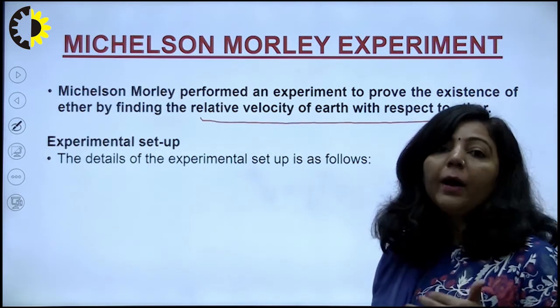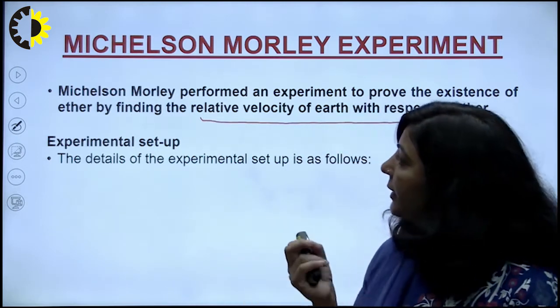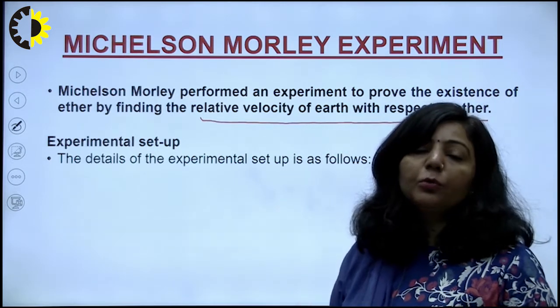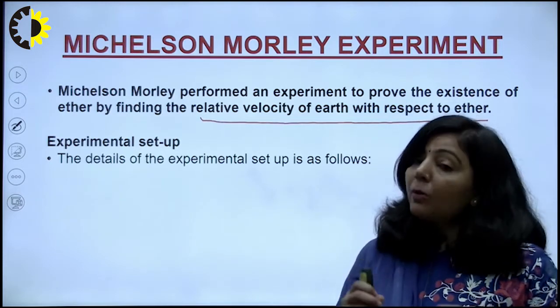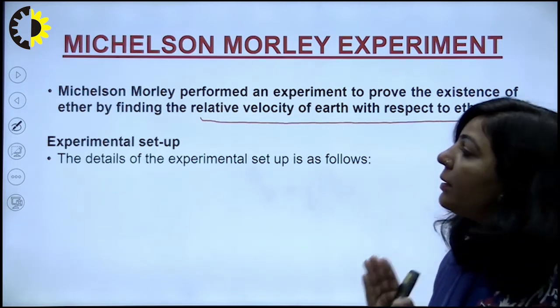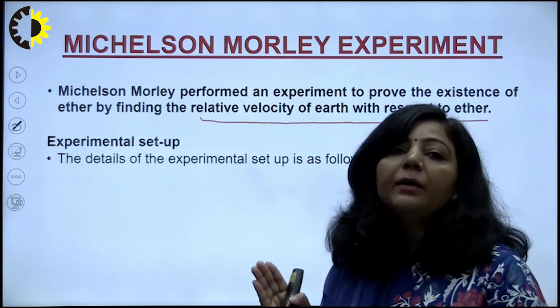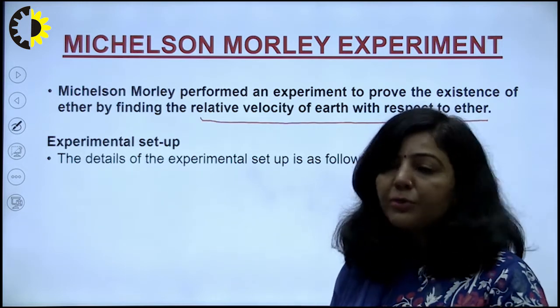If you are able to find it, then the straightforward conclusion is that there is a medium like ether. So the objective of this experiment was to prove the existence of the ether medium by finding the relative velocity of Earth with respect to ether. So that was the objective.